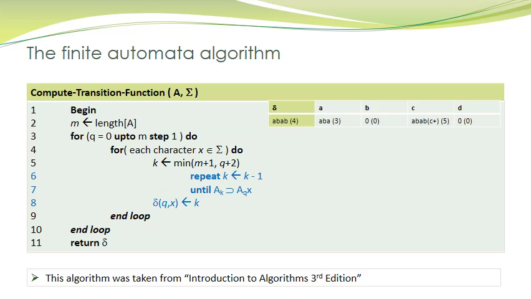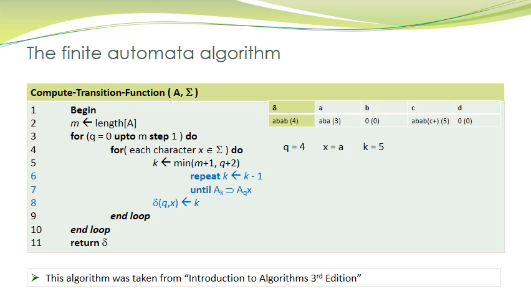So for our example, we're going to assume that the loop at 3 has taken us to state Q, and the loop at 4 has taken us to character A in our input language. Looking at line 5, this would give us a k of 6. Line 6 is immediately run, giving us k equals 5.